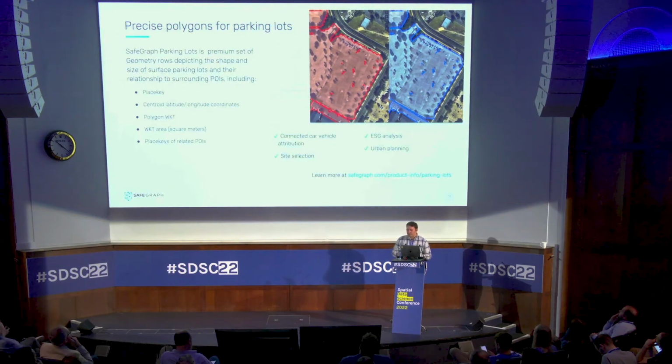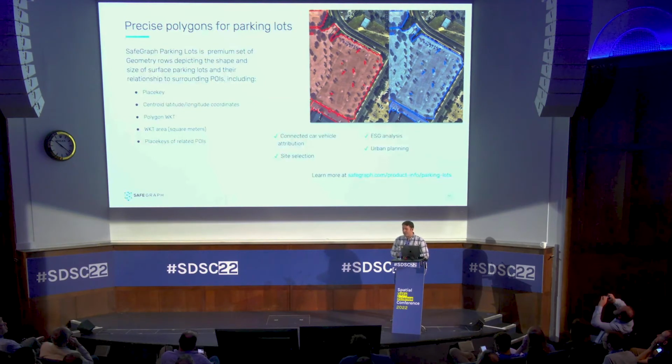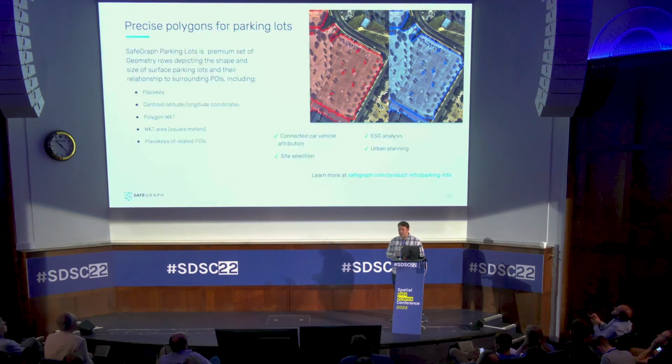Now let's imagine that you're trying to figure out the right locations for your stores, but need to understand: are we making sure that we have enough parking capacity for these places? Are we optimizing our locations based off of parking? This is another form of what we would consider to be a challenging point of interest input, which is polygons for parking lots.